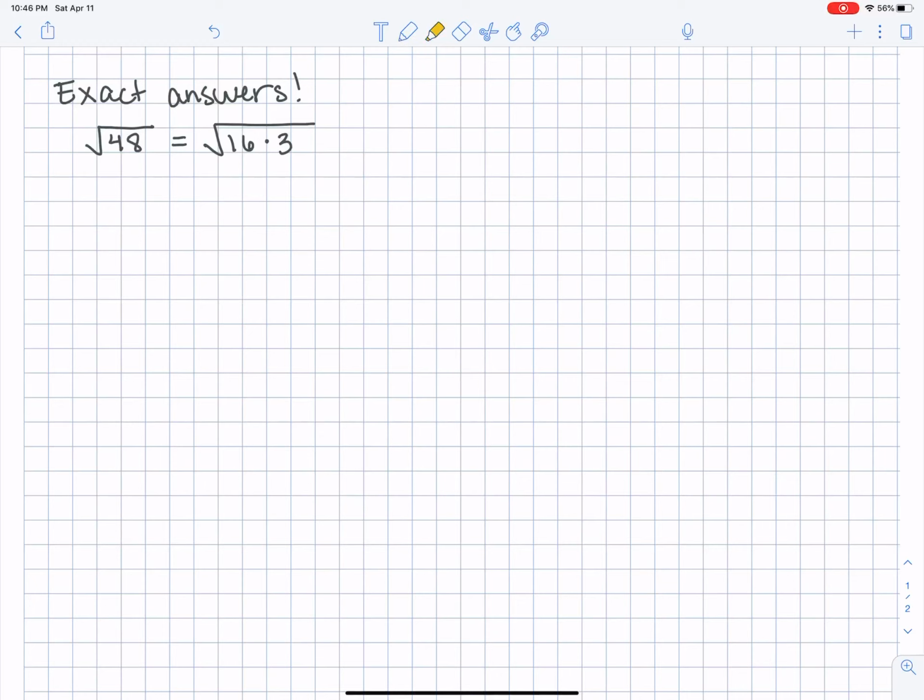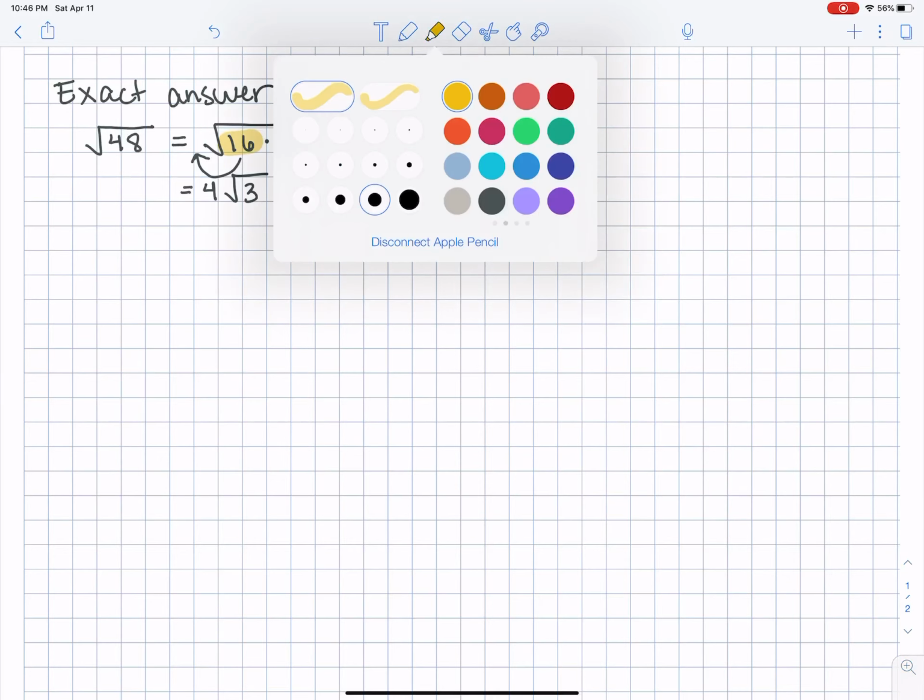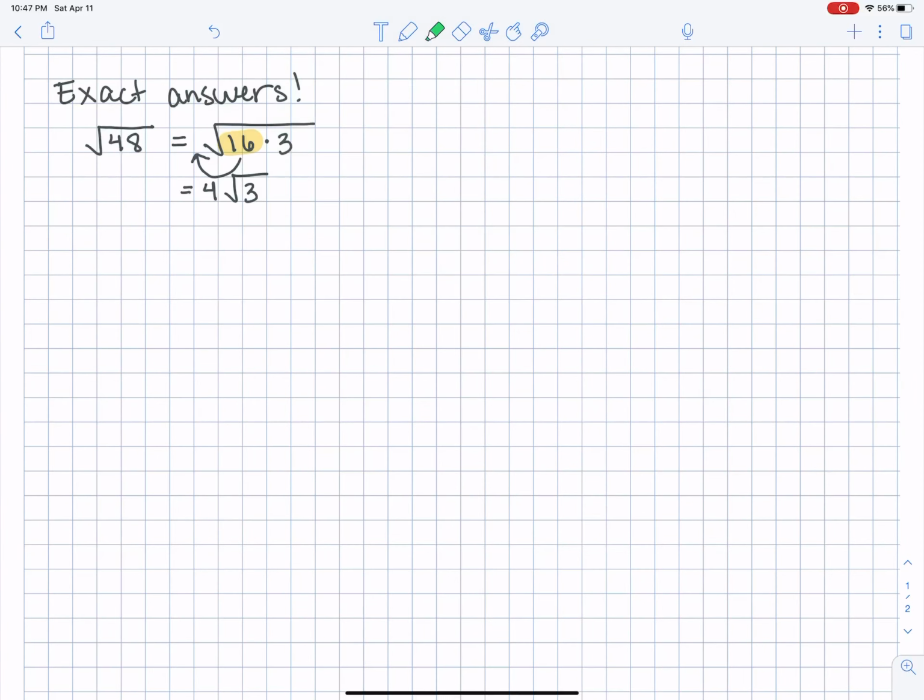And what's so cool about this one is that the square root of 16 is a number that I know. I know that the square root of 16 is 4. So I can bring that out of the radical, and I'm going to say 4 times the square root of 3, and this is my exact answer.